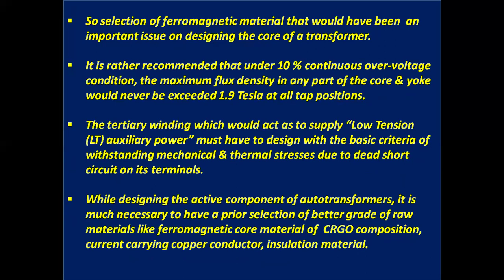So, selection of ferromagnetic material is an important issue in designing the core of a transformer. It is recommended that under 10% continuous overvoltage conditions, the maximum flux density in any part of the core and yoke should never exceed 1.9 Tesla at all tap positions.